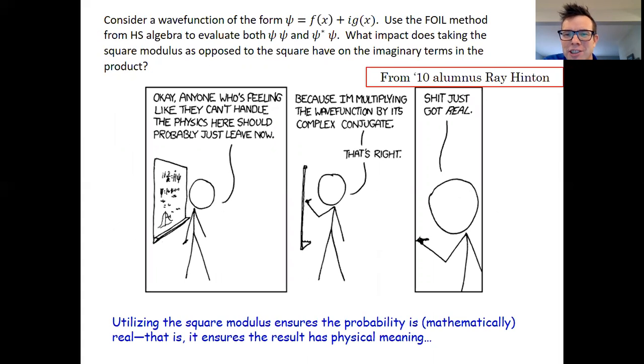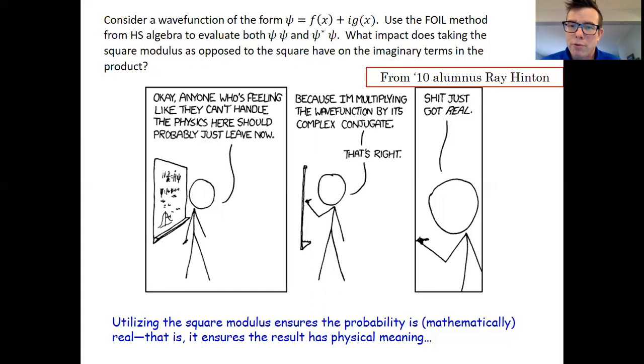That's right, it just got real. Utilizing the square modulus ensures that the probability is mathematically real. That is, that it has some real meaning. If I told you the probability of finding something was 0.5i, that would mean nothing. But if I told you that it was 50%, that means something.